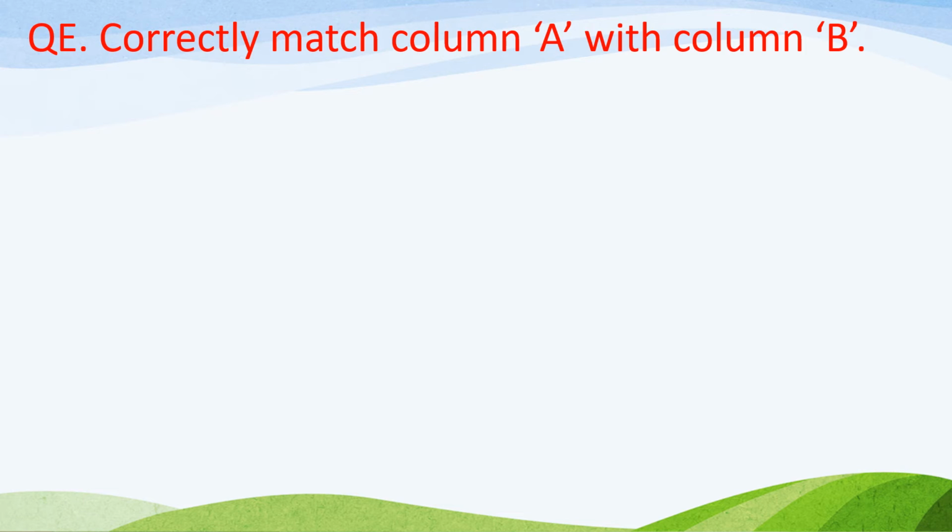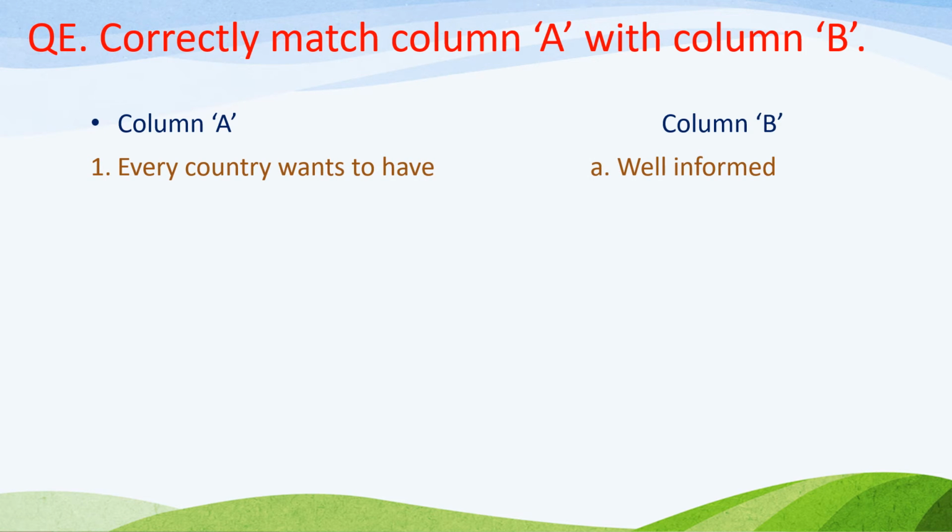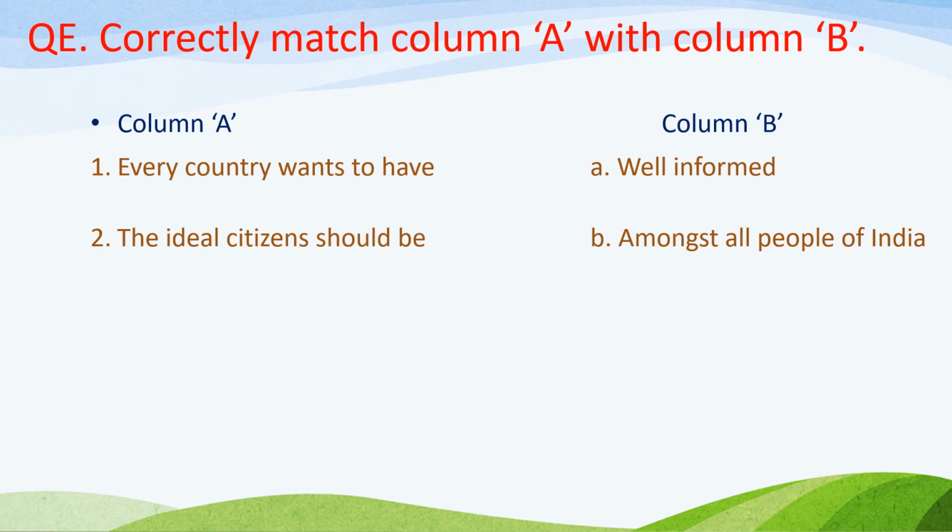Now students, the next question is question number E, that is, correctly match column A with column B. Here in column A, the first one is every country wants to have. Number 2 is the ideal citizens should be. Number 3 is we should also develop.